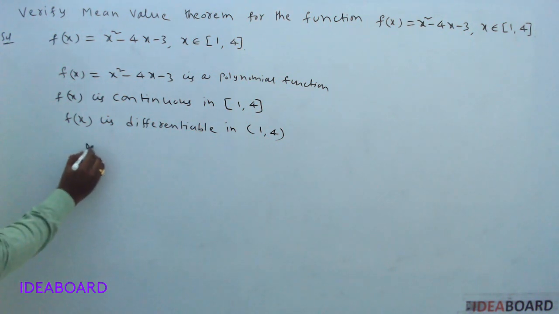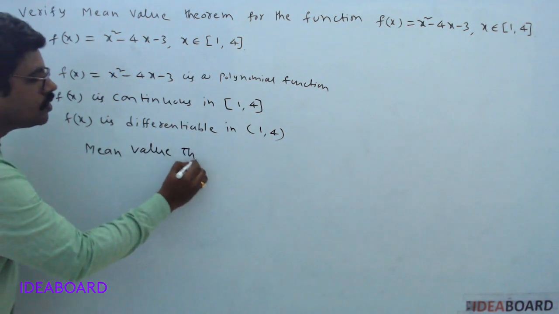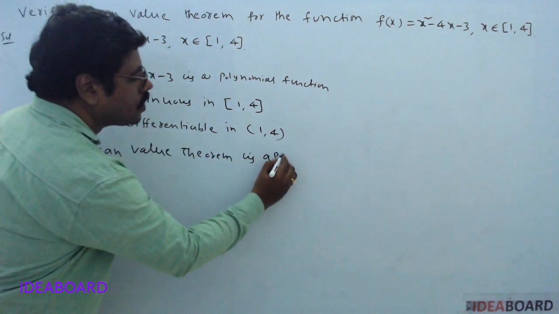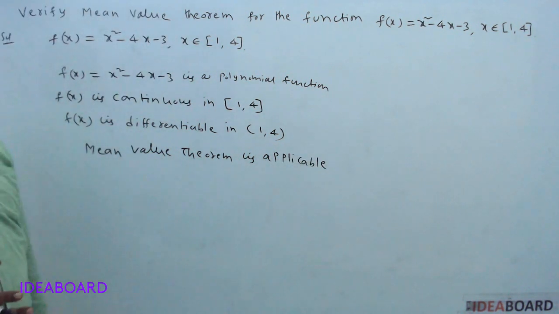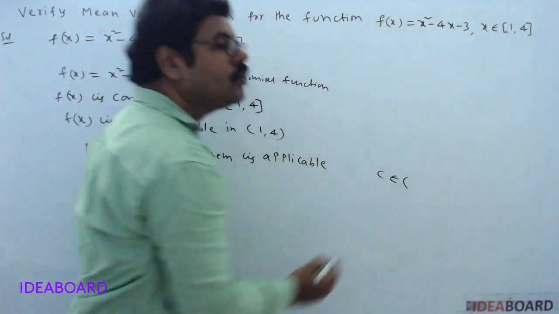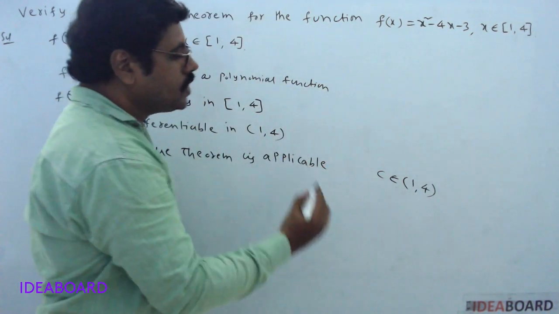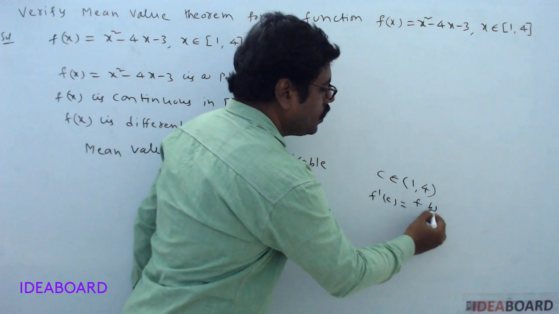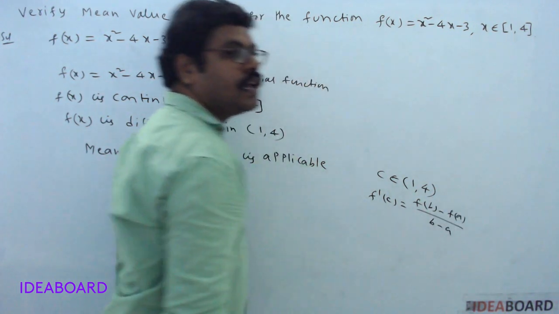So what is that condition? The mean value theorem is applicable to the given function. Now we need a value of c belonging to the open interval 1 comma 4 which satisfies the condition f dash of c equals f of b minus f of a by b minus a.